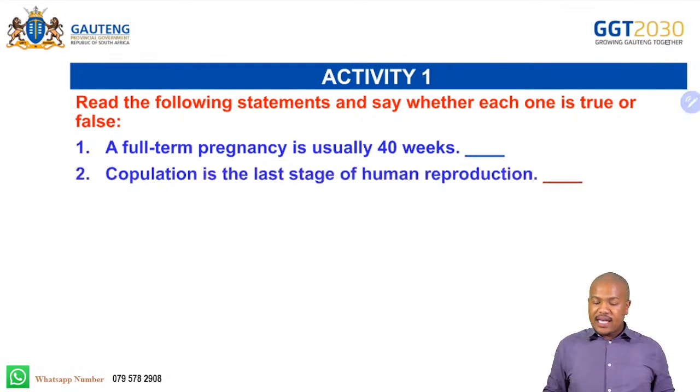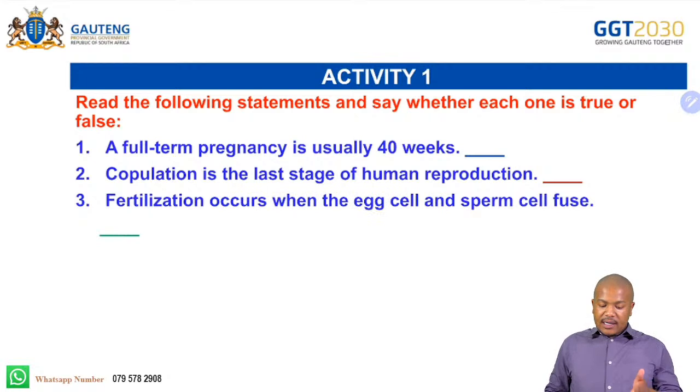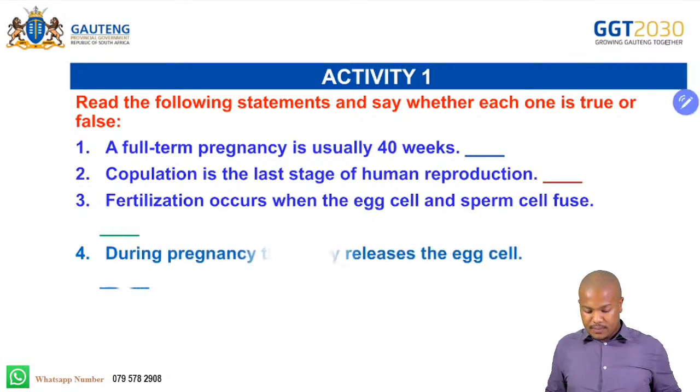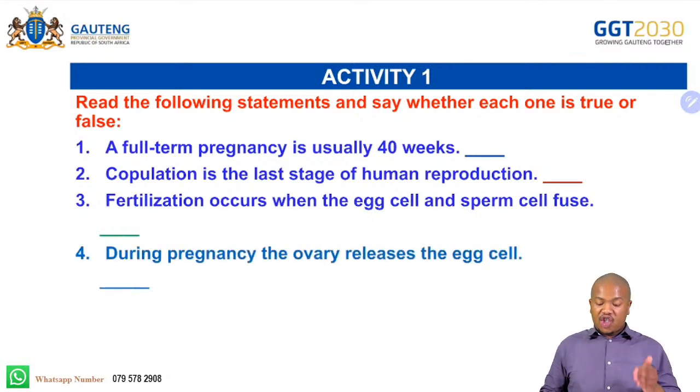Number 2: copulation is the last stage of human reproduction. Number 3: fertilization occurs when the egg cell and sperm cell fuse. Number 4: during pregnancy, the ovary releases the egg cell. Take about 4 minutes of your time, write down the answers quickly, then after that we meet for corrections.